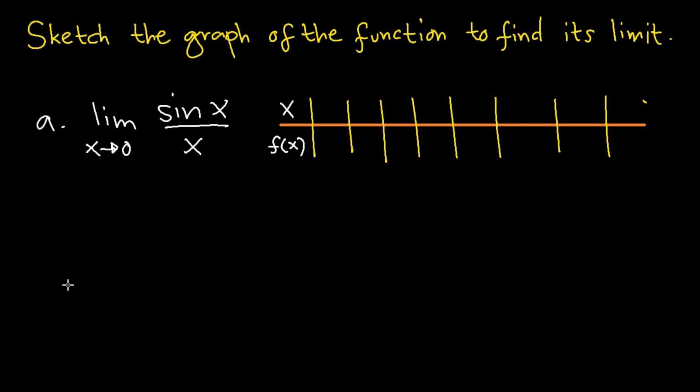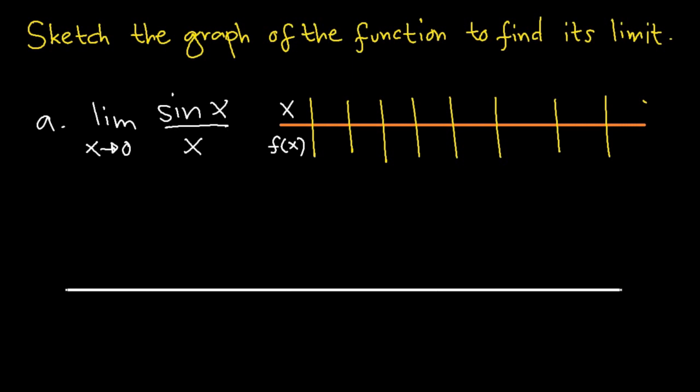So sa problem A, ang limit is approach sa 0. So let's say naa diri ang 0. Ang values from the left, so this is x. Ang values sa left sa 0 are diri ang negative 1, negative 2, and so on.